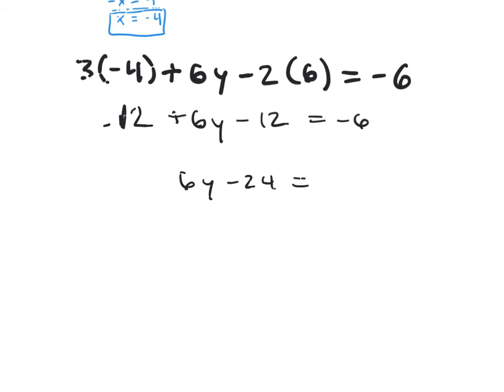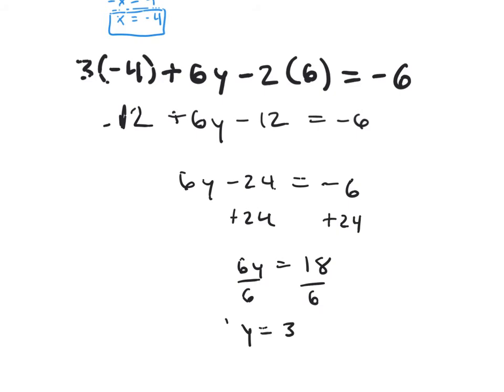Notice how since they're both on the same side, we don't change the sign, we just combine them. So 6y minus 24 is equal to negative 6. Add 24. So 6y is equal to, what's negative 6 plus 24? 18. Divide by 6. Y equals 3. Yay, done. So we found our x, y, and z.